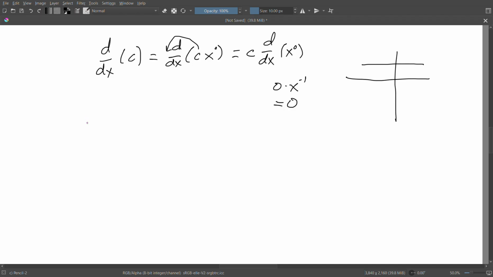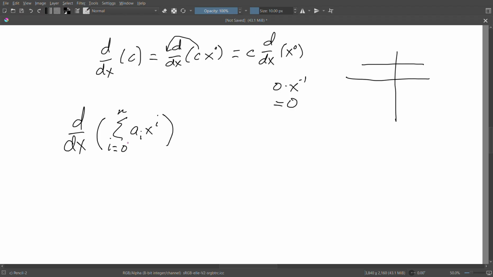But something else that this implies is that the derivative of any polynomial, polynomials are really good to take derivatives of. So if you have the derivative of, say, the sum from i equals 0 to n of a_i times x to the i, this is the form of a polynomial, and we're taking the derivative of it.